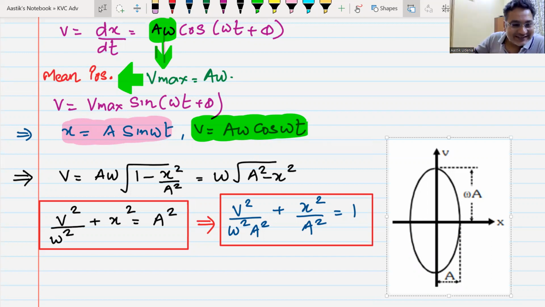Who has got the eccentricity equal to 1? Circle. Who has got eccentricity equal to 1? Rectangular hyperbola.